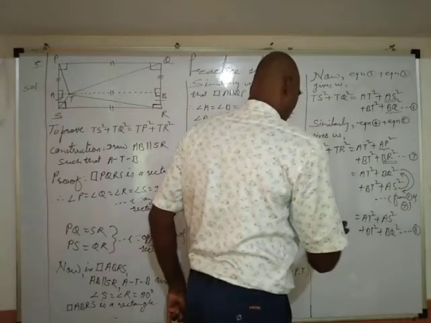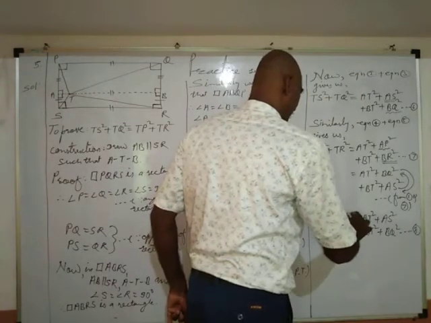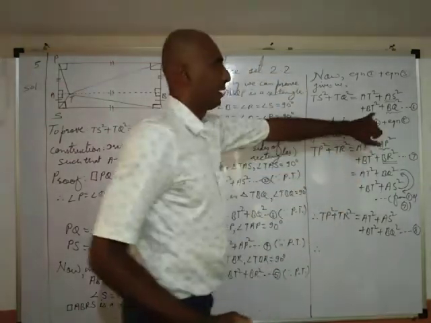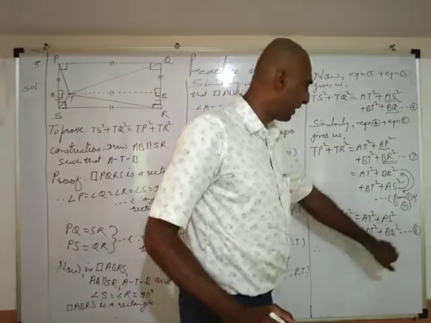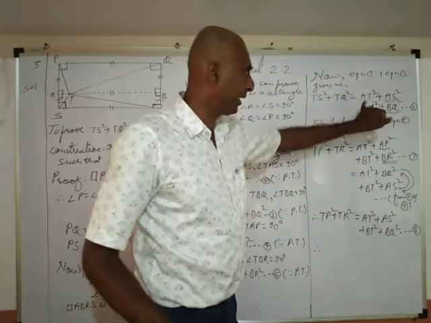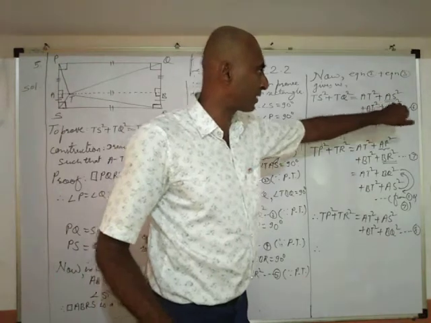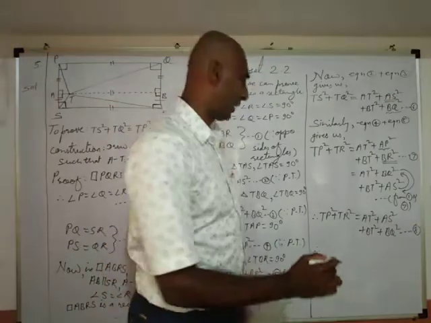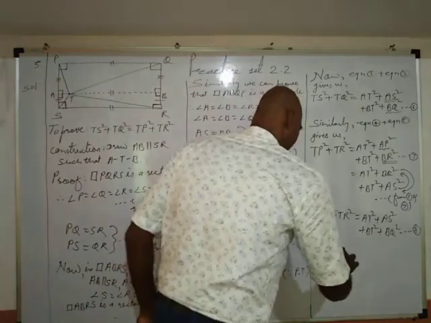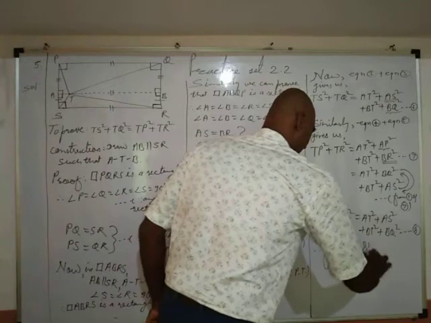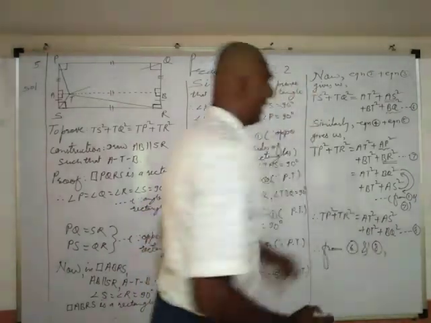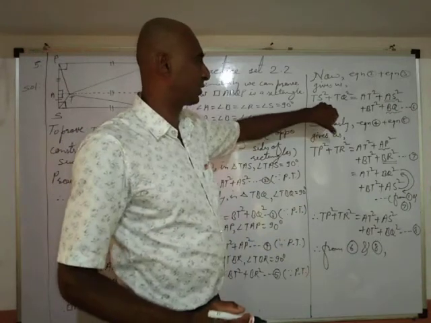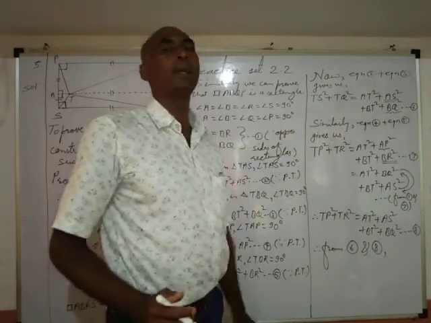And therefore the right sides of equation 6 and 8 are one and the same: AT square plus AS square plus BT square plus BQ square. And therefore from 6 and 8, as the RHS are the same, we may say their LHS must be equal.